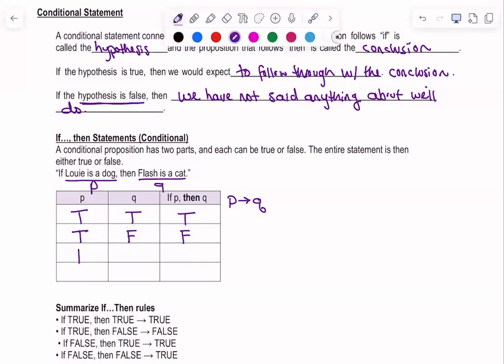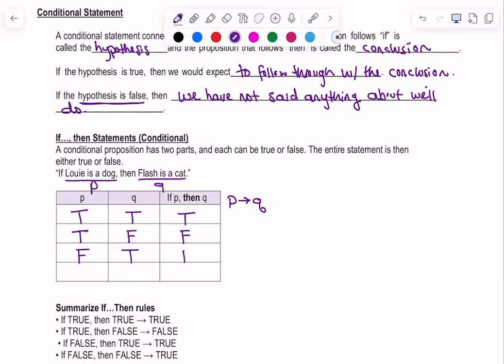Now I'm going to claim my hypothesis is false. So now, if Louis is not a dog, then Flash is a cat. Again, this is the bizarre thing. What I'm saying here is, but I know Louis is a dog, so I'm really confused. I don't have enough information to determine anything.